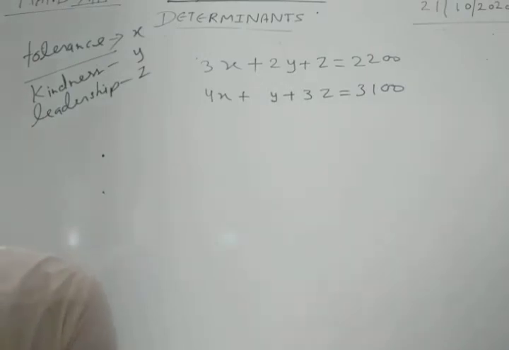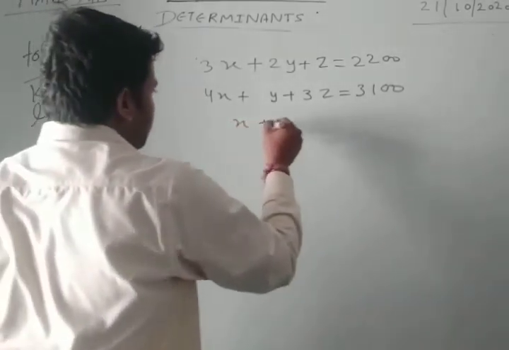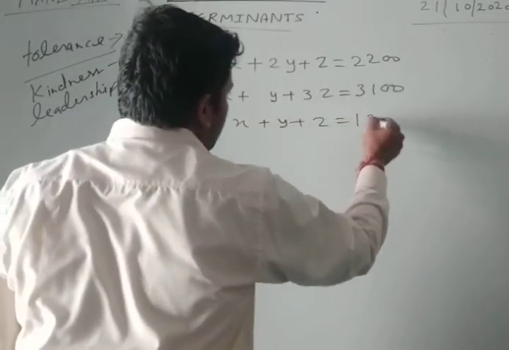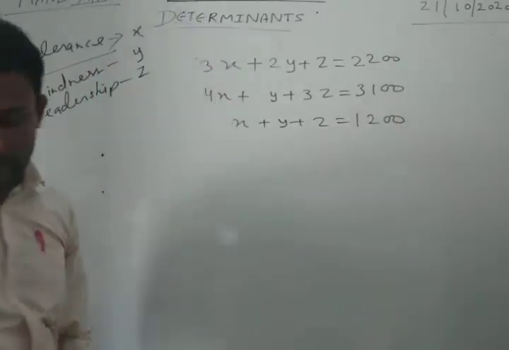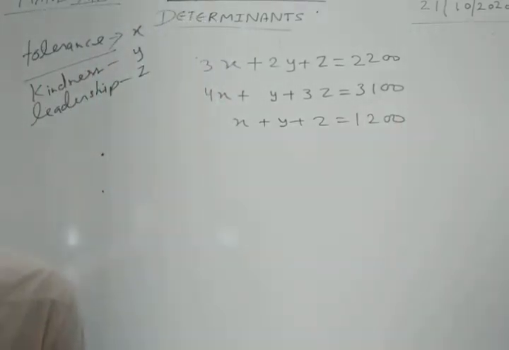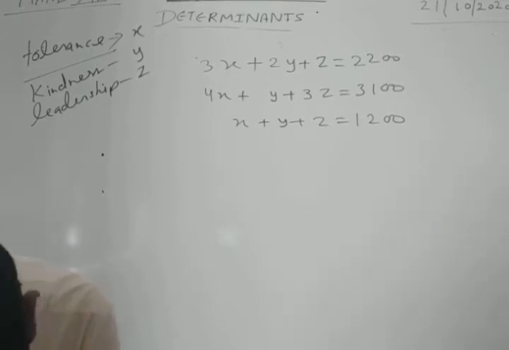The third condition is that the total amount of award for one prize on each value is 1200, so we write x plus y plus z is equal to 1200, and we have to find the values x, y and z.